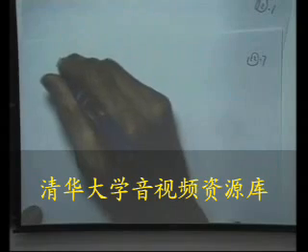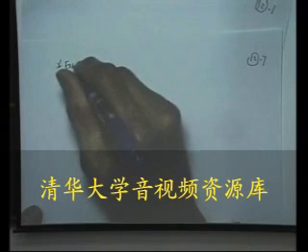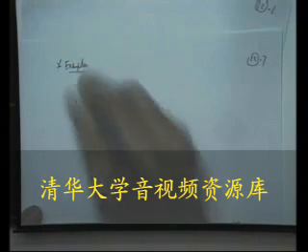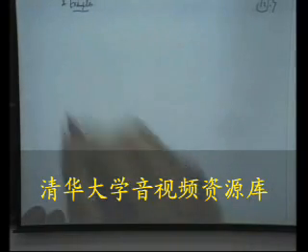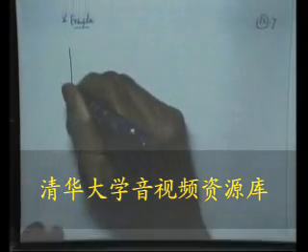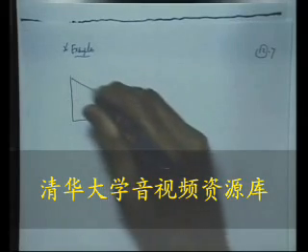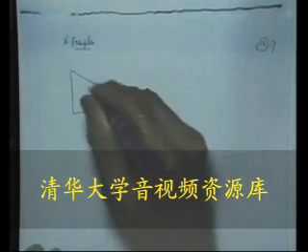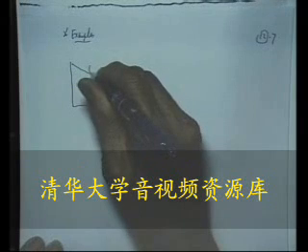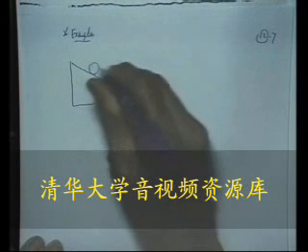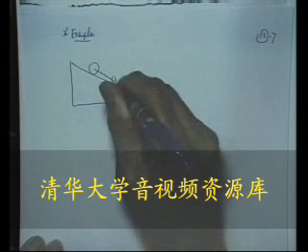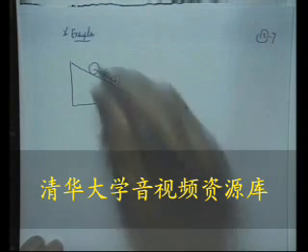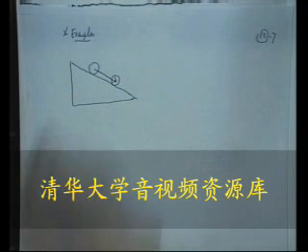Okay, now let's work on some examples. Suppose I have a slope with a cylinder which rolls down. Now let's not necessarily have a cylinder.